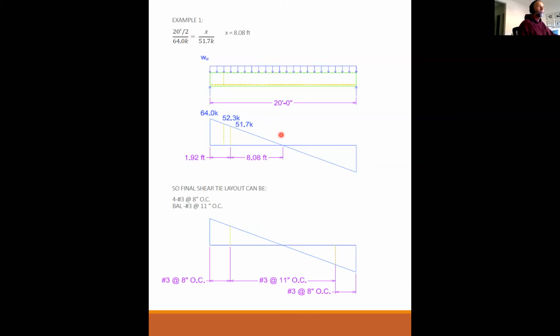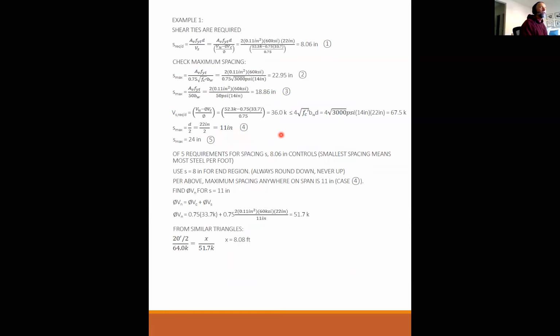Actually, let me just do it this way. Let me get to my phi VC. There it is. Okay, so 0.75 times 33.7 is phi VC plus 0.75 times 2 times 0.11 times 60 times 22 divided by 8.